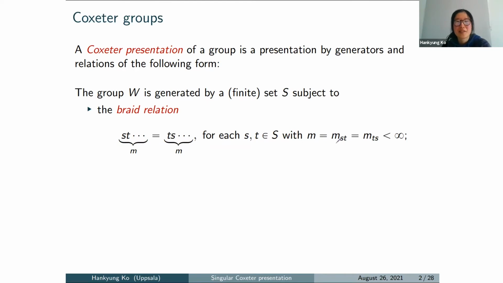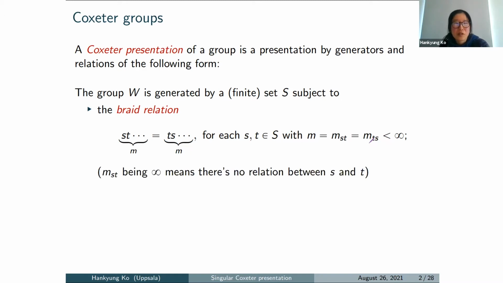This number is the same for S, T and T, S, of course. m is part of the presentation. And we do allow m to be infinity, and in that case, there is no relation between S and T.